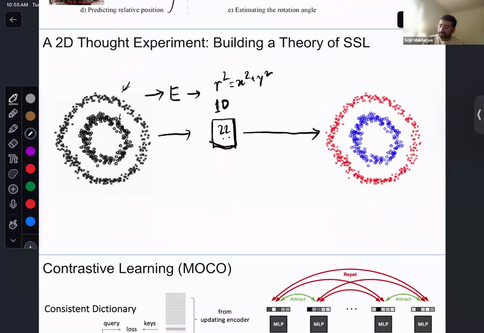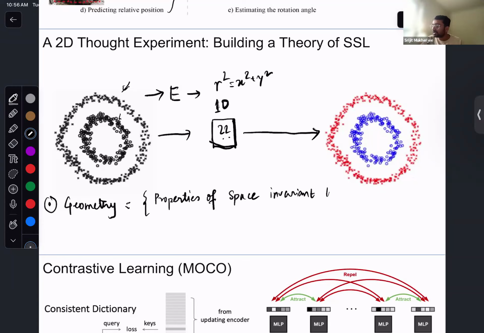So in the 19th century, the geometry of an object is defined as the properties of a space, it's a 2D space or 3D space, that are invariant, which means not changed, not varying, to certain augmentations. I'm not telling the full sentence, but it's invariant to certain augmentations.